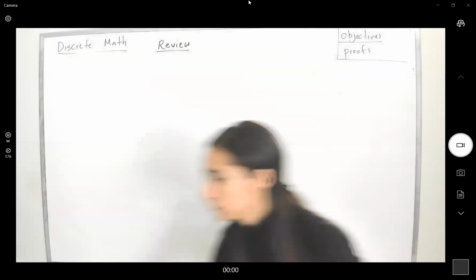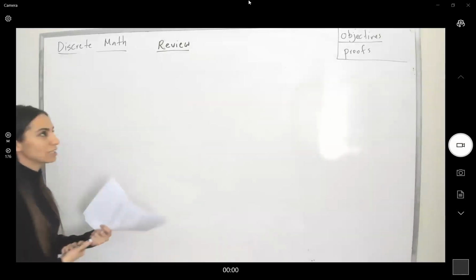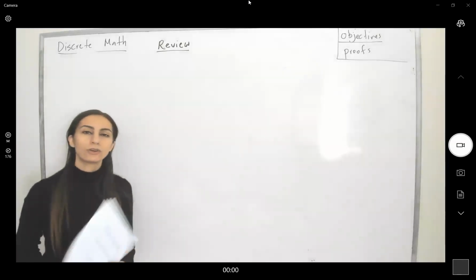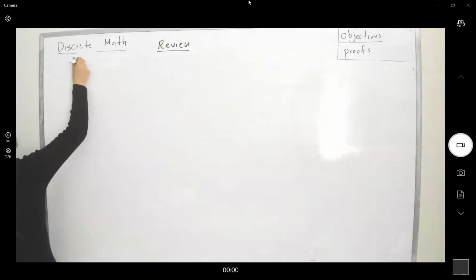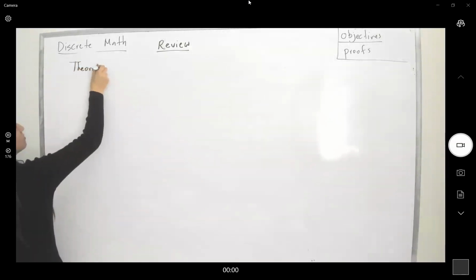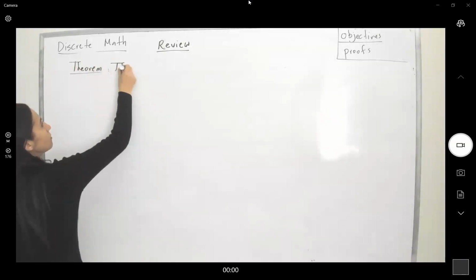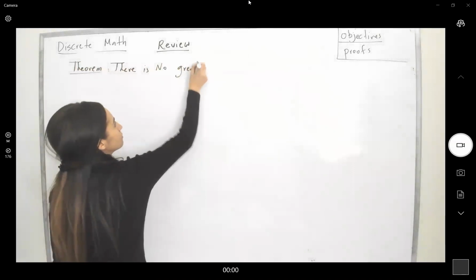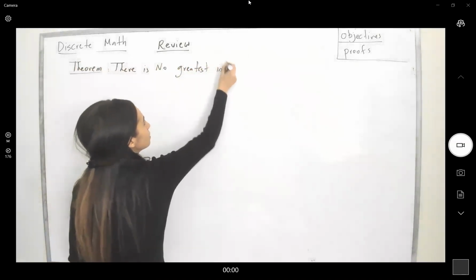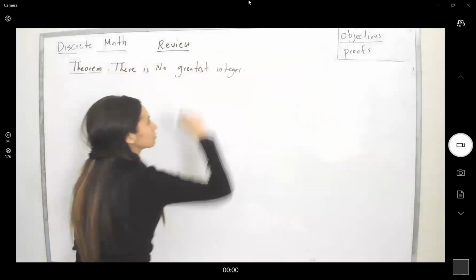Perfect. So next theorem. This theorem says there is no greatest integer.